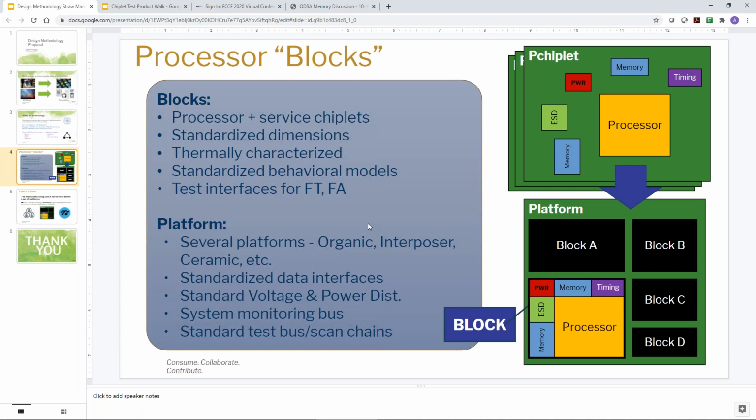When I look at the drawing on the lower right, I'm not sure if a block is a chiplet by itself, or is it a collection of chiplets in a system in package? And if that's the case, then what exactly is the platform? This is maybe a broader question, that I think we should all be very uniform in the language we use, so that we can communicate clearly what is a system in package, what is a collection of systems in package on a board, etc. So can you comment on that?